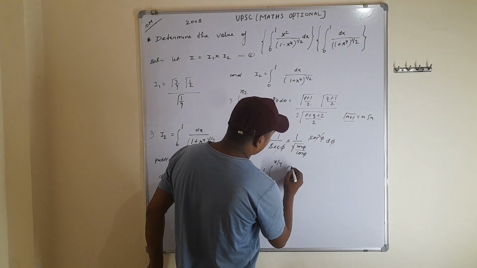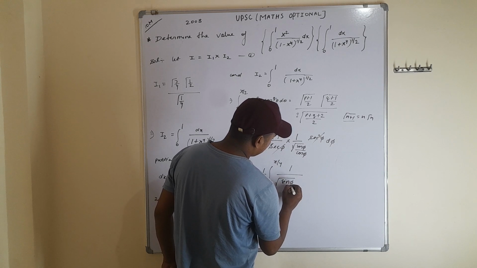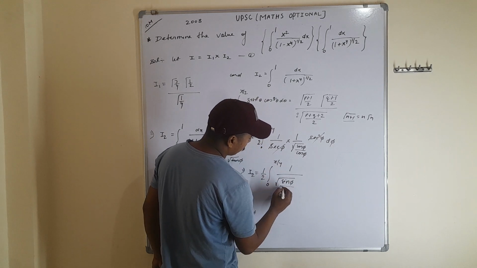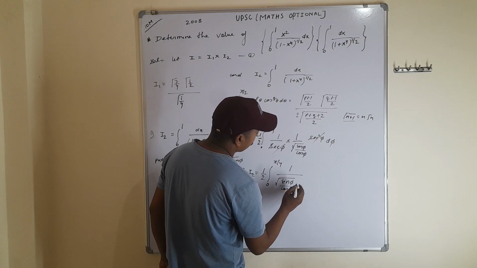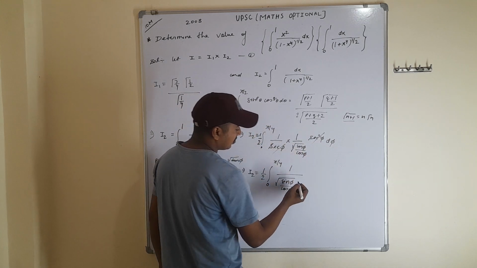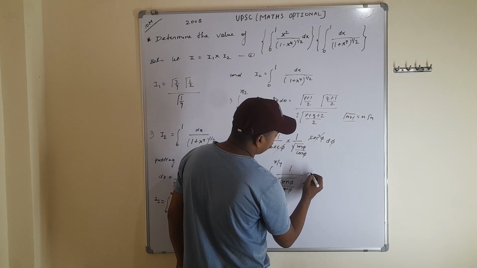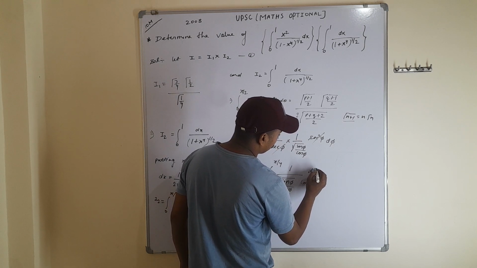here that is 1 upon under root sin phi upon cos phi, and here sec phi is remaining, that is 1 upon cos phi d phi.